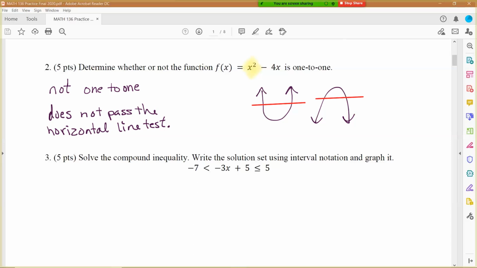So how will we know if it fails the horizontal line test? If it's a quadratic, x squared, it's going to be a parabola. No parabola will ever pass the horizontal line test.